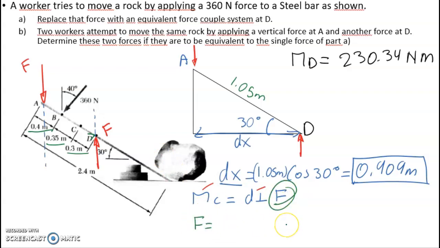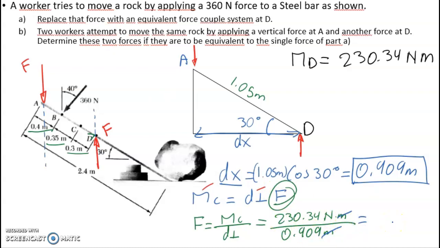Force is going to be equal to the moment over distance. That means 230.34 newton meters over 0.909 meters. Once again, meters go away and we are left with only the newtons.